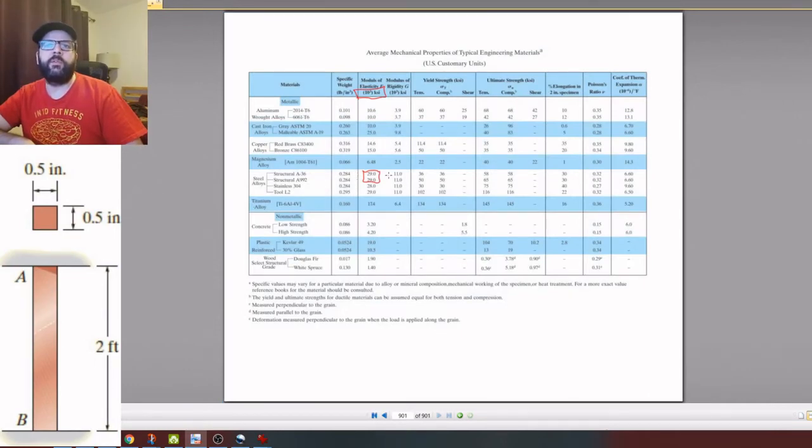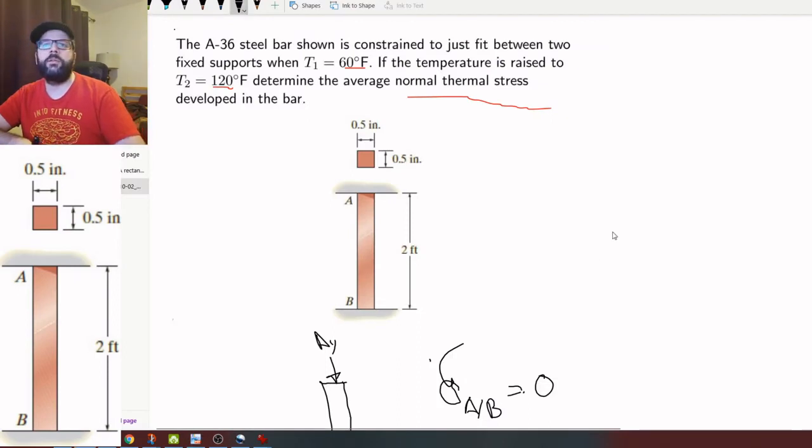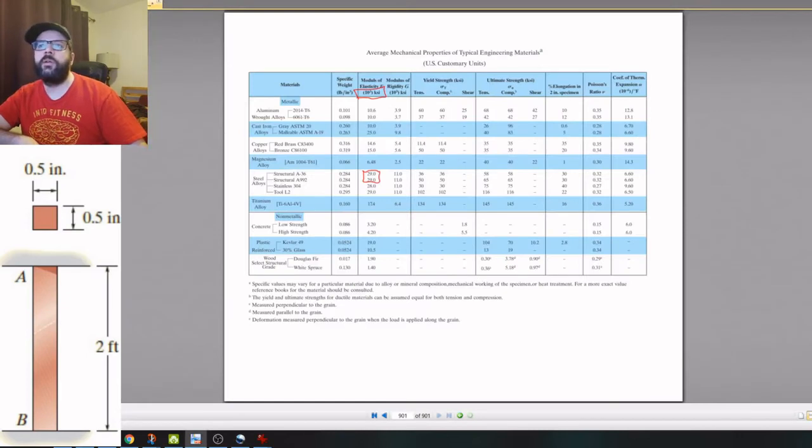First off, we need to know E, so E is equal to 29 times 10 to the 6 psi. We also need to know our coefficient of thermal expansion, so that's over here.